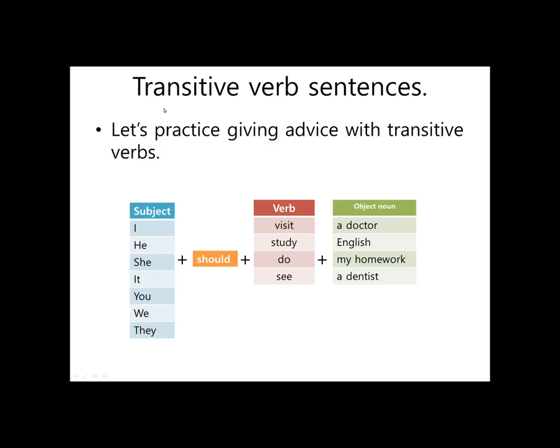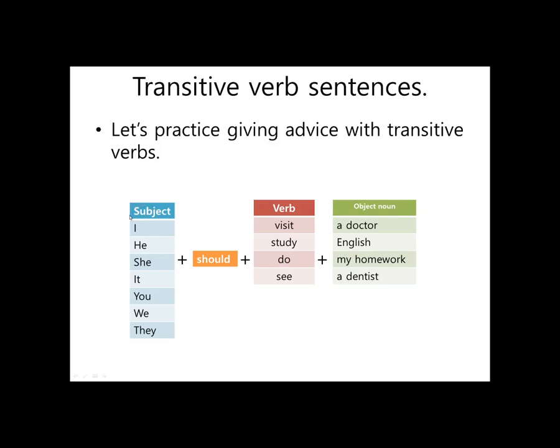Okay, let's try some transitive verb sentences. Let's practice giving advice with transitive verbs. And remember, transitive verbs means the verb acts on a noun, an object noun. So look at this grammar table, the grammar layout.